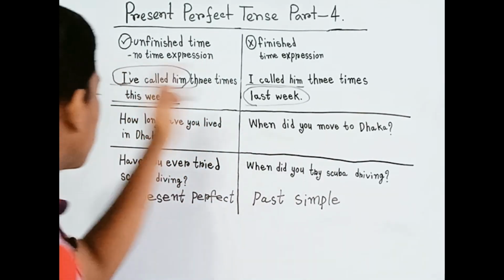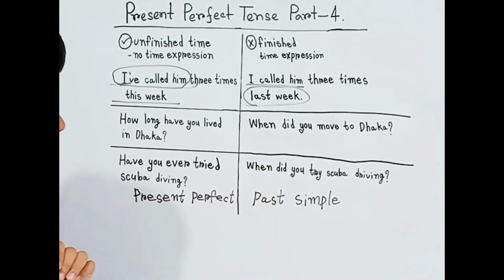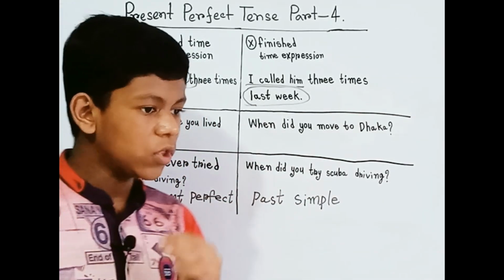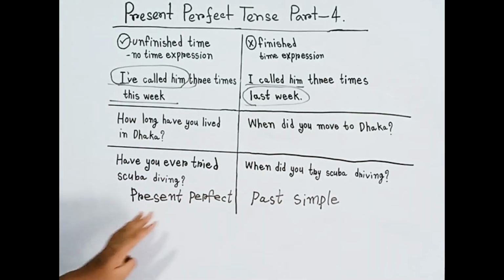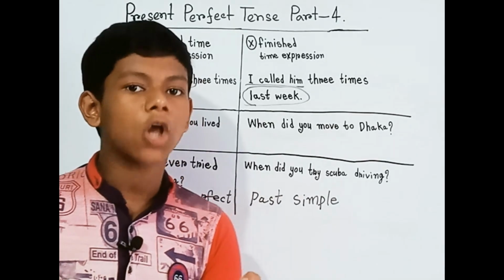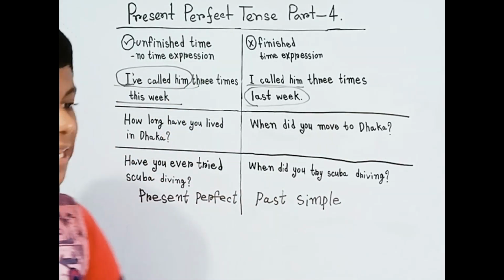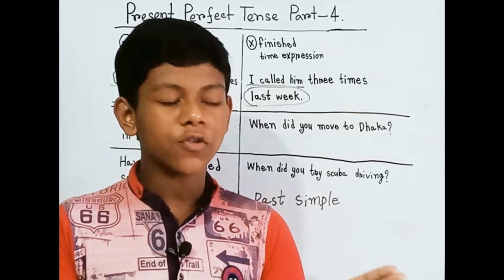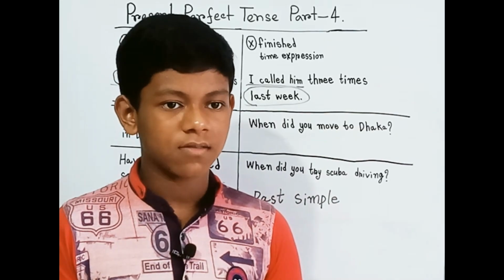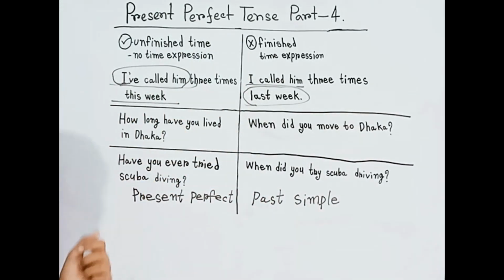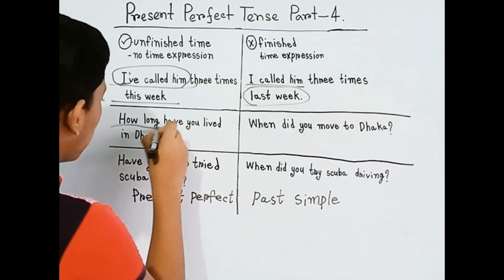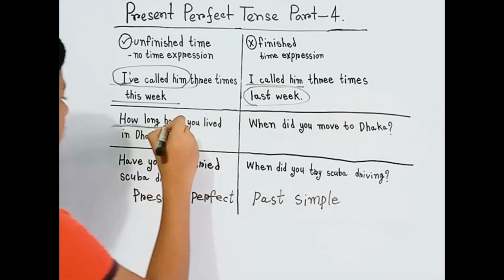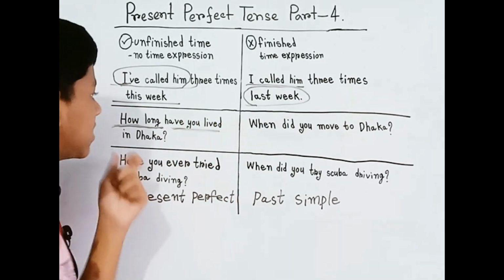So here we have understood. The next is about questions. If we use the present perfect, you have to use how long, because how long indicates from past to present. How long have you lived in Dhaka?